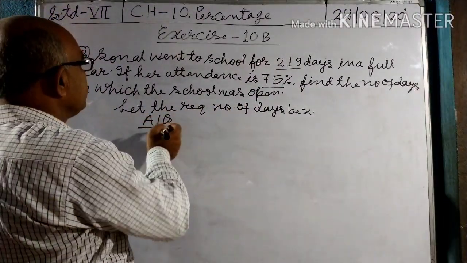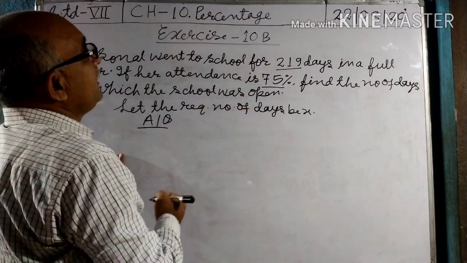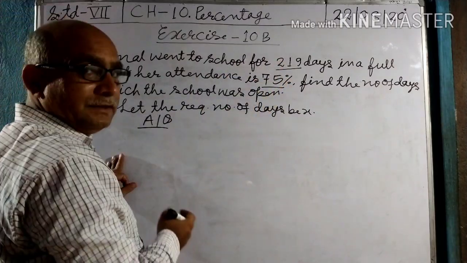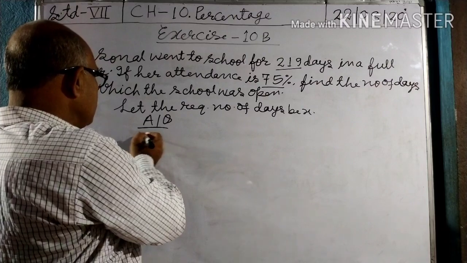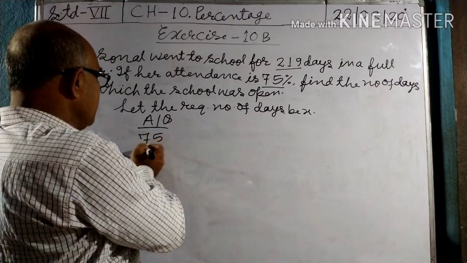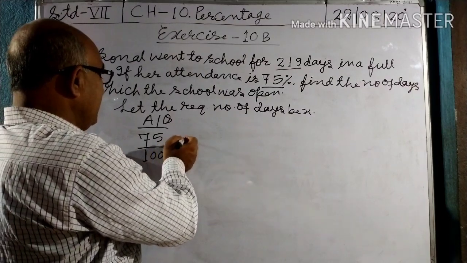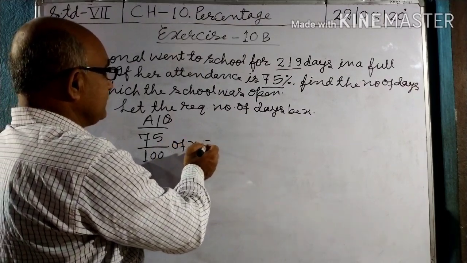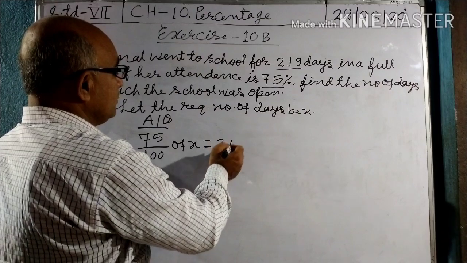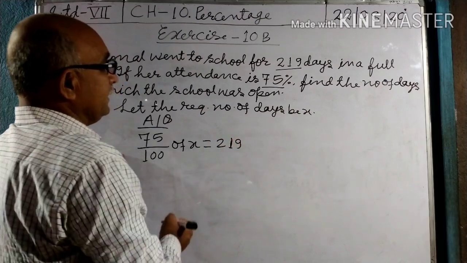According to question, Sonal went to a school 75% and 219 days. So 75% means 75 by 100. 75 by 100 of x equal to 219 days.